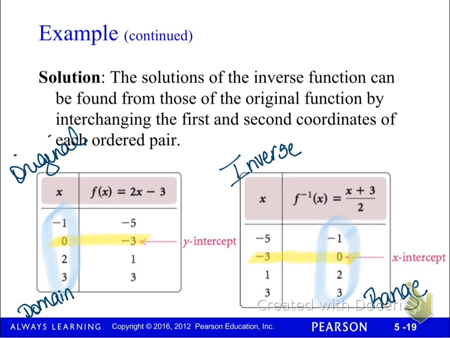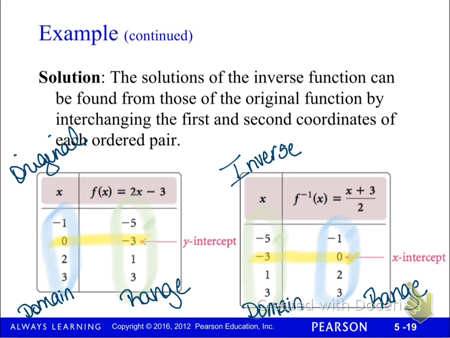So just remember, the domain of the original is the range of the inverse. And the other aspect of that is the range of the original is the domain of my inverse. So it's super important that we remember that relationship. The domain of the original is the range of the inverse. The range of the original is the domain of the inverse.